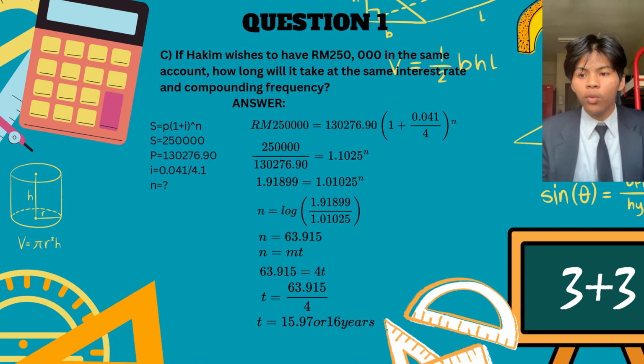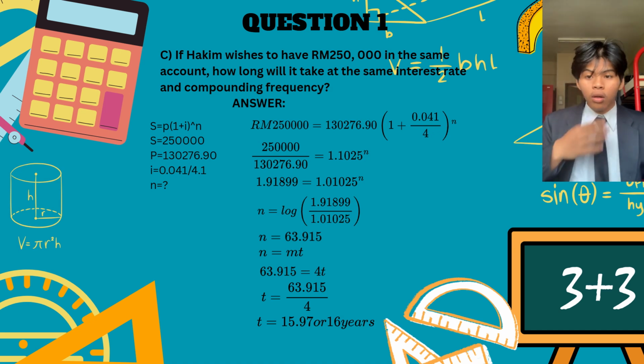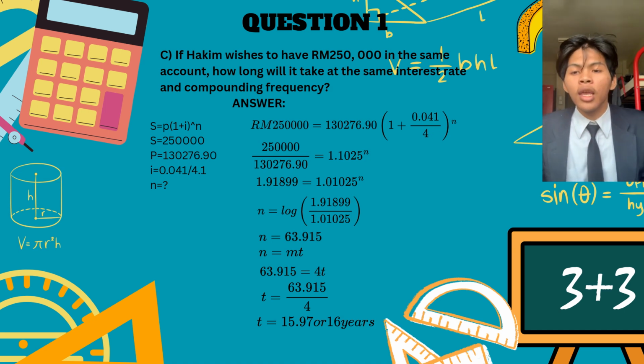To find the n, we need to take the logarithm on both sides. So it will be n equal to log 1.91899 divided by log 1.01025. After we calculate all that, we get n equals to 63.915.